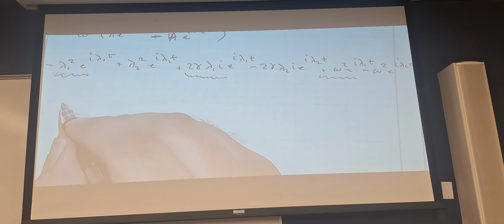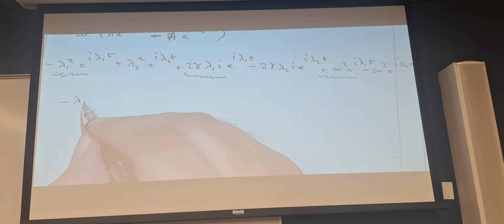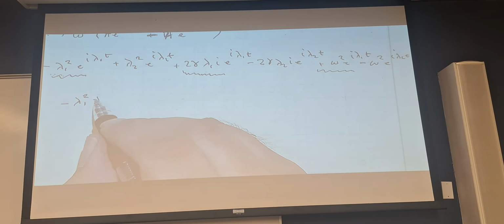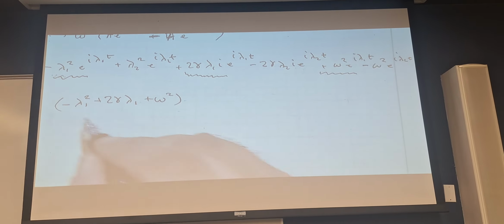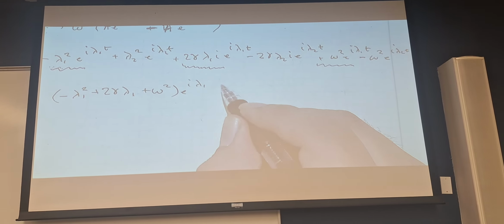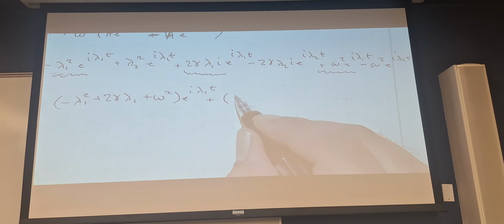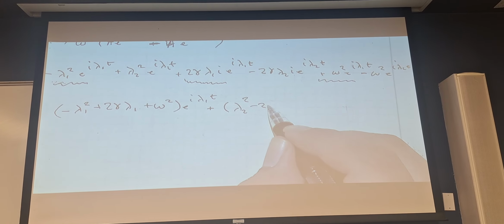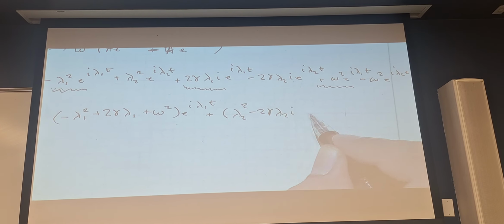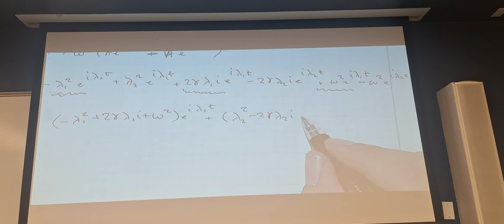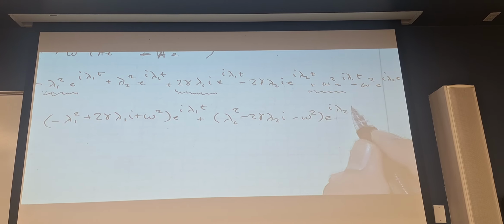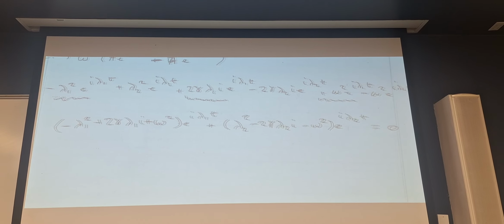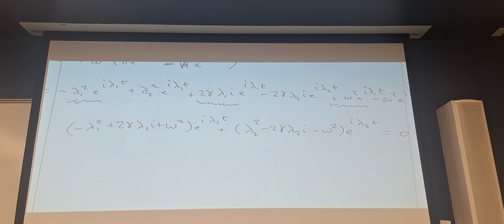So I have minus lambda 1 squared plus 2 gamma lambda 1 i plus omega squared, times e to the i lambda 1 t, plus lambda 2 squared minus 2 gamma lambda 2 i minus omega squared, times e to the i lambda 2 t, equal to 0. So it gets simplified quite a bit once we do that, right?